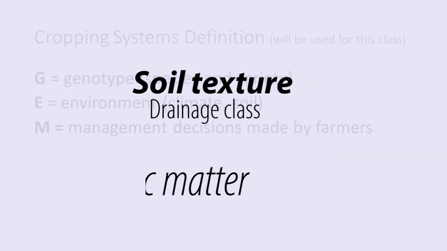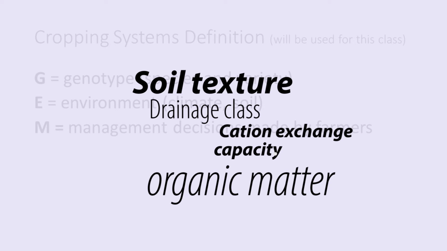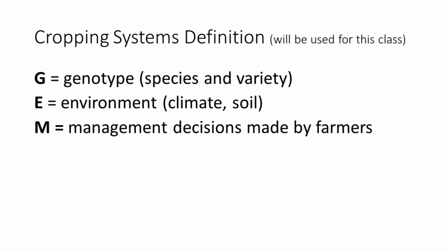We can also think about the natural fertility of that soil, things like the cation exchange capacity or soil organic matter. And for soil organic matter, maybe you can argue in the long term that farmers can control soil organic matter, but certainly in the short run, from season to season, they take what they get. Okay, so a number of soil factors are going to combine to form the environment in combination with the climate.